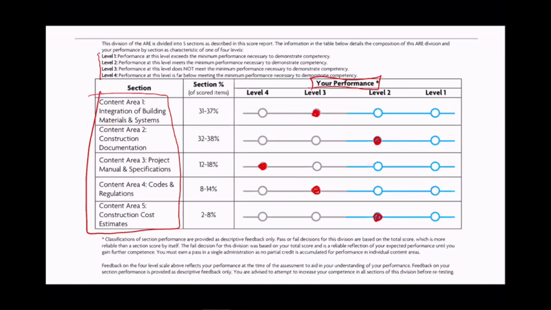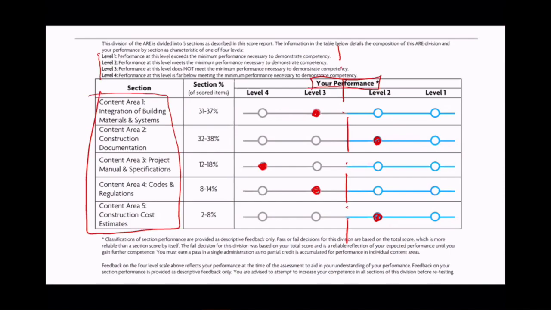One would be forgiven for thinking that in order to pass this exam next time, you have to bring all of your scores in all 5 areas to level 1 or level 2. It seems like those are the blue ones. One says you meet the minimum performance, and one says you exceed it. In reality, that's not true.